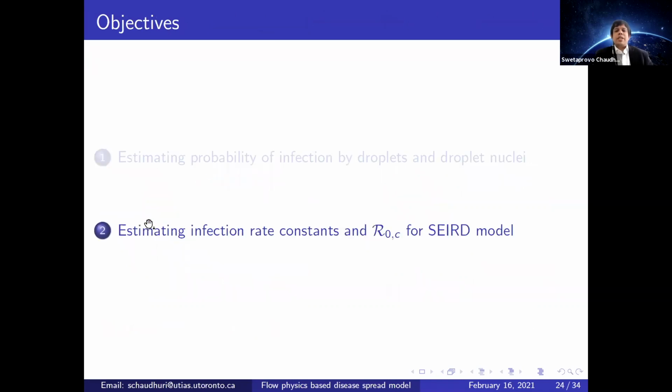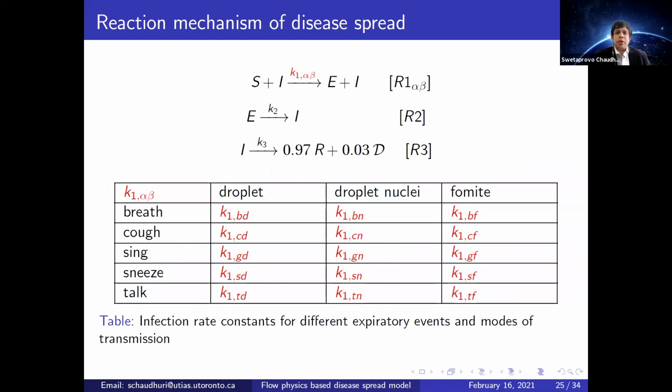Okay, so now can we estimate the rate constants from the SEIRD model? So we can write the SEIR model as the following, in the form of a chemical reaction mechanism. We can say that S plus I becomes E plus I, that is, susceptible plus infected, when they come in contact and they inhale those aerosols, becomes exposed plus infected, and the corresponding rate constant is given by this K1 alpha beta. Now what is K1 alpha beta?